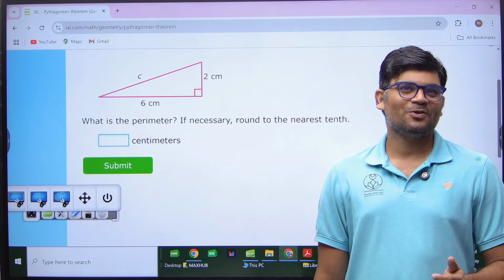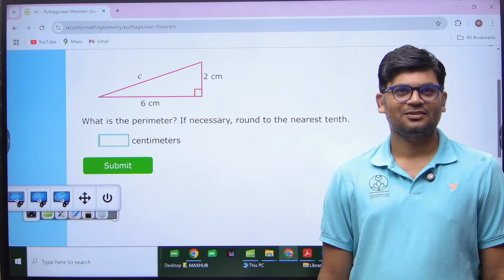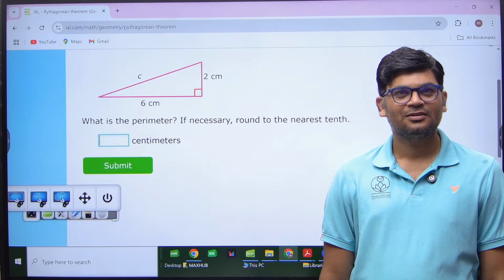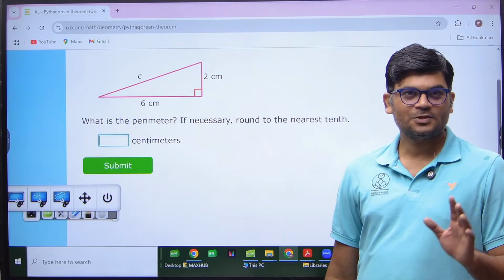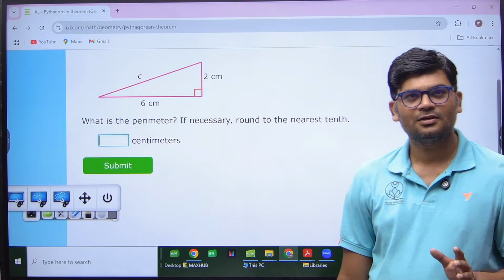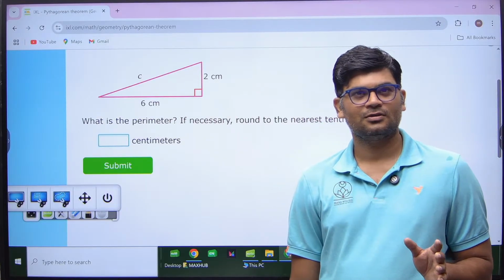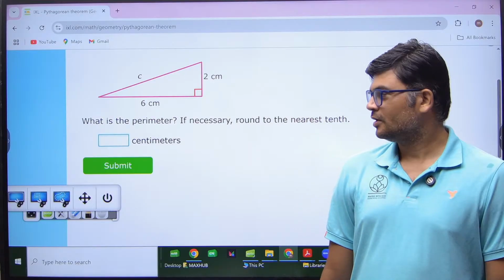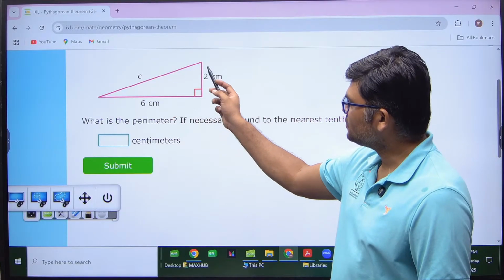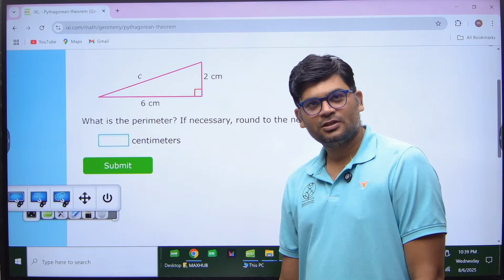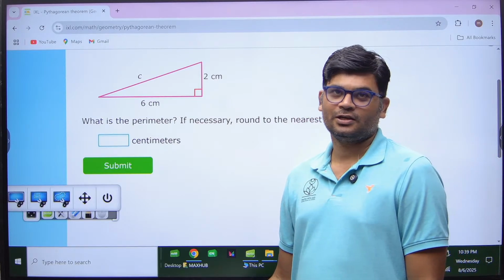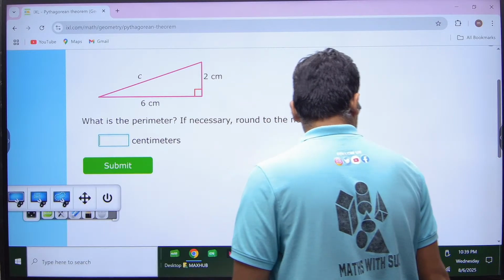It can't be 6.32, beta. Not 48, just 40. Okay, so it's 6.3 only. So 6 plus 2 is 8, and 8 plus 6.3 is 14.3. Let us see.